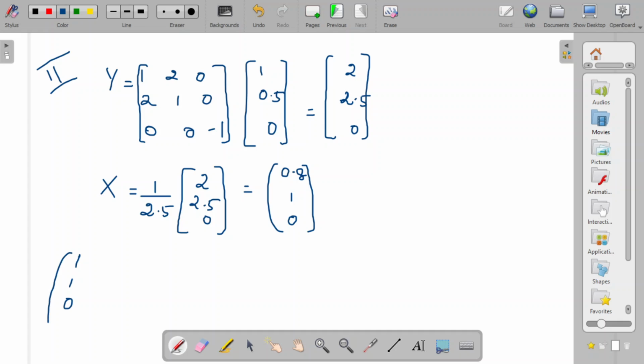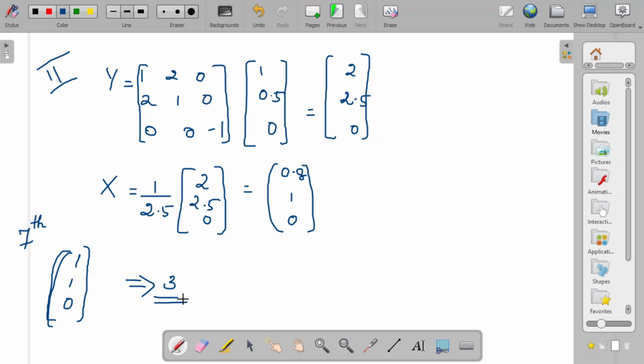Finally when you come to around the 7th step, you will get the x value as 1, 1, 0. In the 6th step as well as in the 7th step, you will get the same 1, 1, 0. And from that you will get the corresponding eigenvalue, the most significant value, as equal to 3.